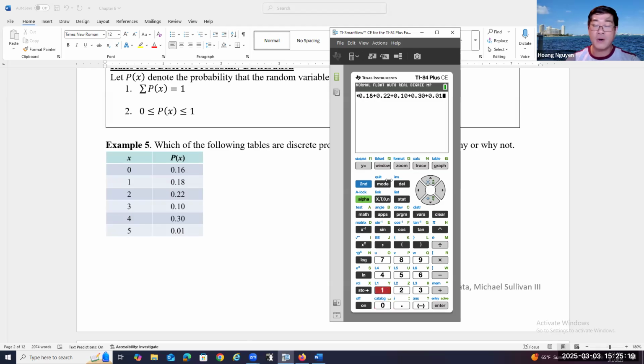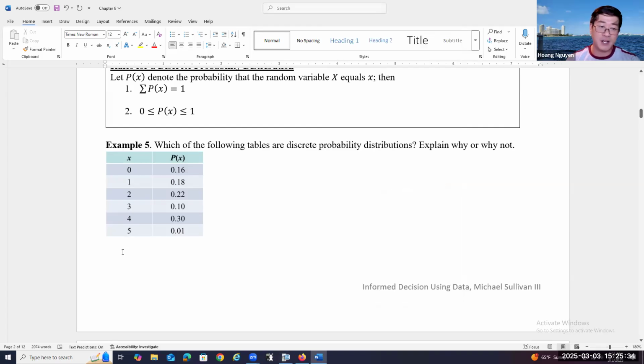Okay. So let's double check if the sum equals 1. The summation of the p(x) right here is equal to 0.97 and not equal to 1. So unfortunately, this is not a probability distribution.